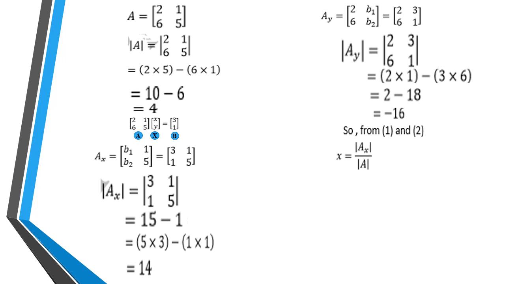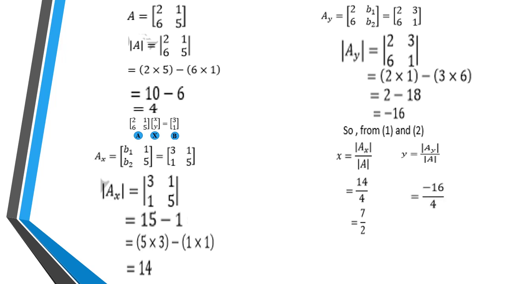From 1 and 2, x is equals to Ax determinant divided by A determinant. Y is equals to Ay determinant divided by A determinant. Now you have to put the value of Ax determinant divided by A determinant. As you know, Ax determinant is equals to 14 and A determinant is equals to 4. 14 divided by 4 is equals to 7 by 2.